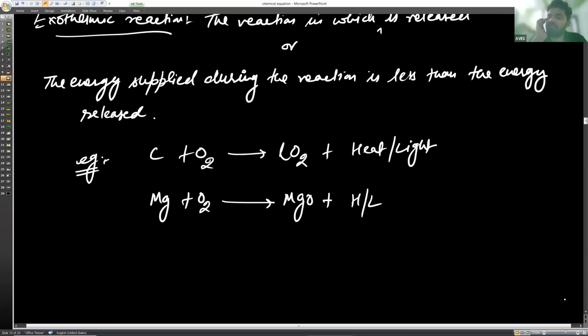If you start burning wood, it will keep on burning until the wood gets converted into coal, unless and until the fuel is empty. So we say that exothermic reactions are spontaneous reactions. Note it down.